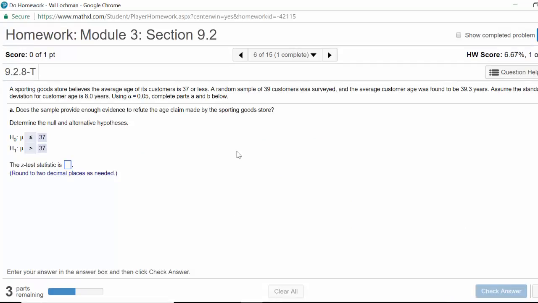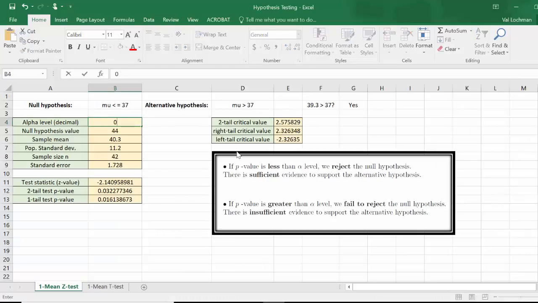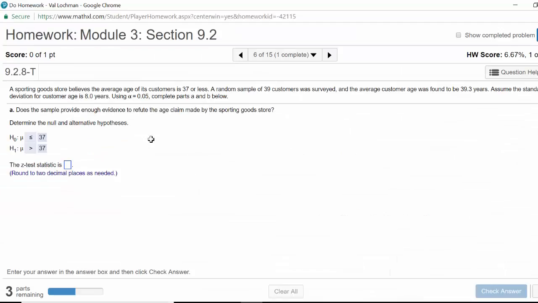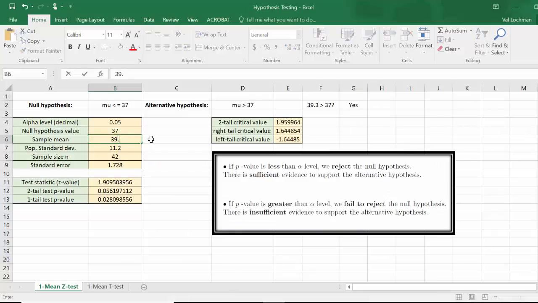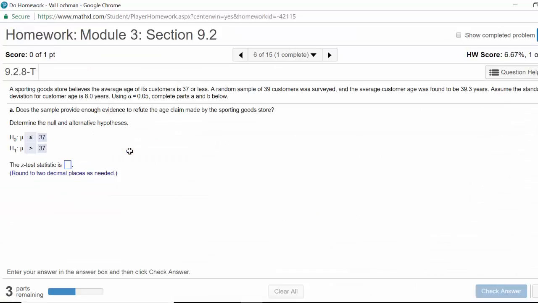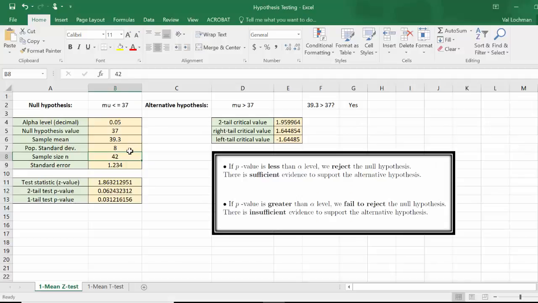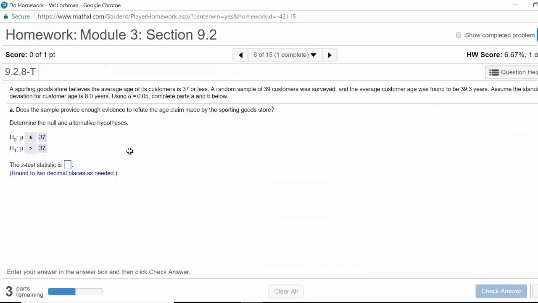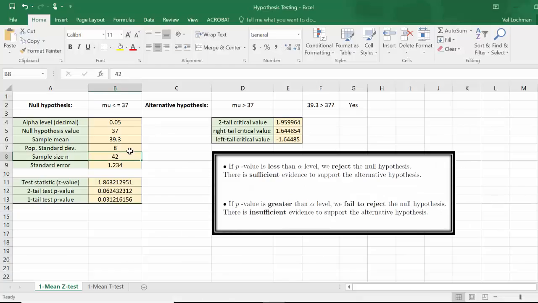We have 0.05 for the alpha level. The null hypothesis value is 37. Sample mean, 39.3. Population standard deviation is 8. Sample size was 39. Okay, let's see what we get.